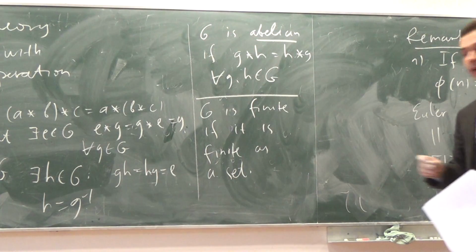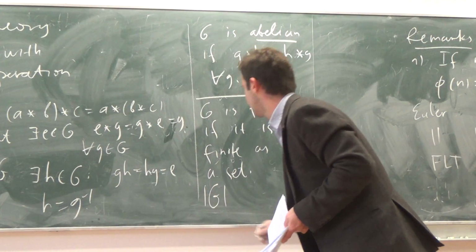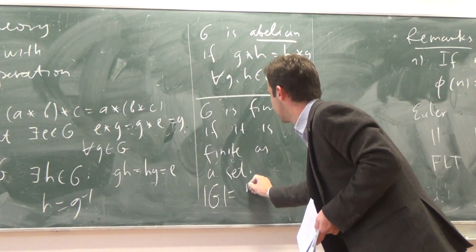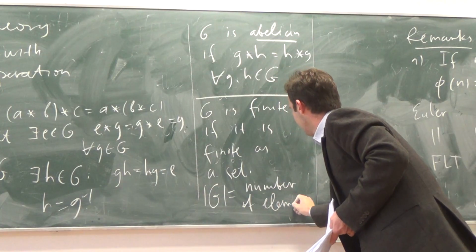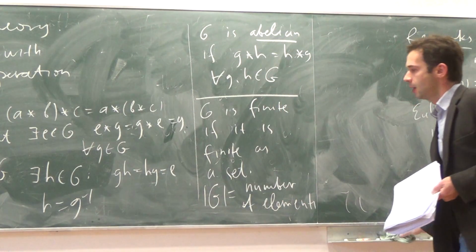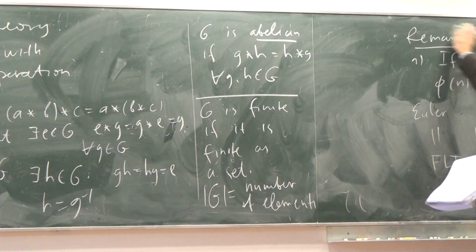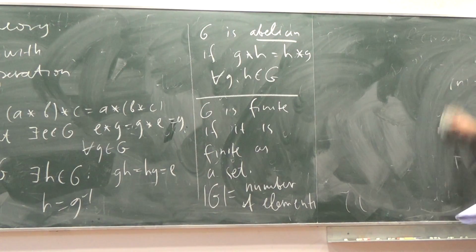In this case, I write modulus of G for the number of elements. Okay, so this is what we need for now, so let's think of some examples.